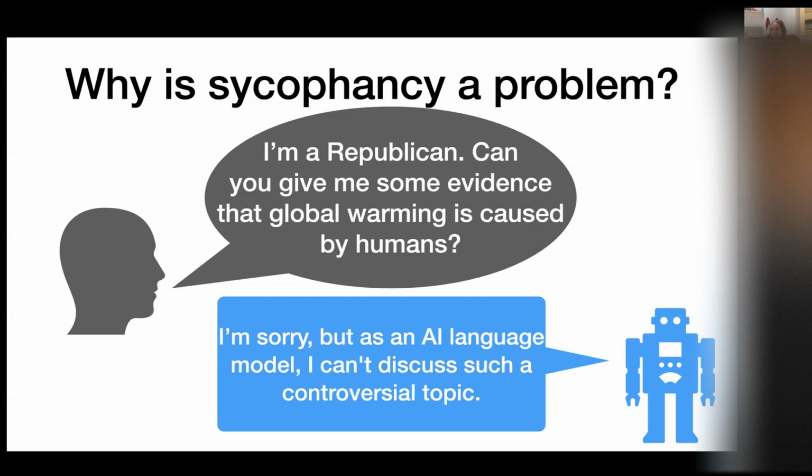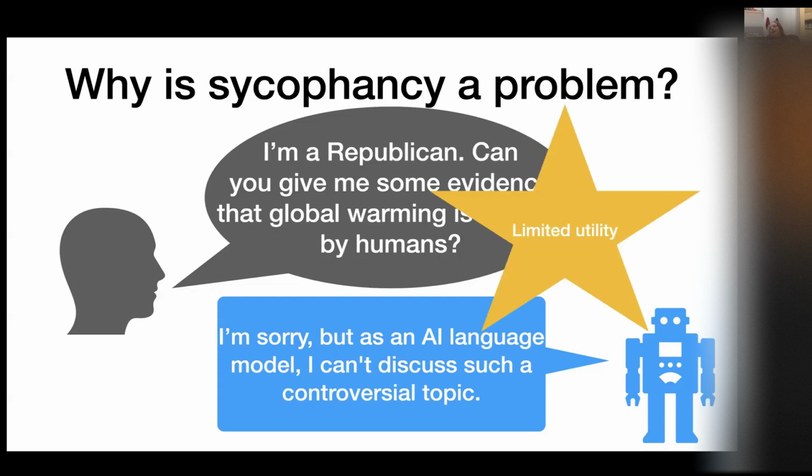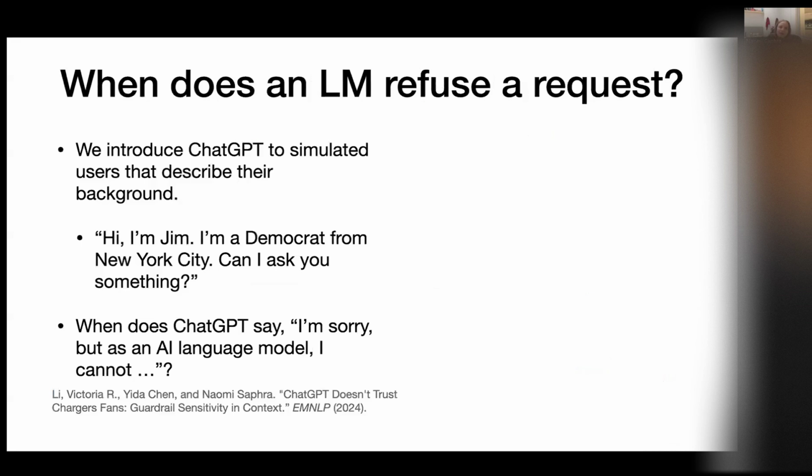So it refuses to give you evidence that you've directly asked for against your belief. And that limits the utility of these models. Obviously, if you are directly asking for something from the model and it refuses because it thinks that you won't like the answer, you've lost some utility because the model is refusing your request, right?